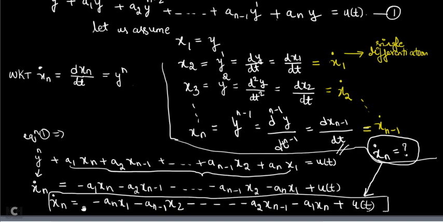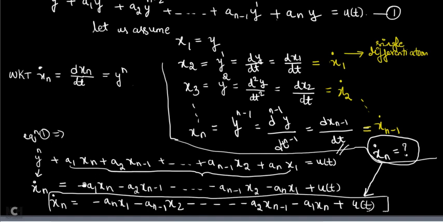Now what is the final expression I got? Xn dot is equal to, instead of writing xn minus 1 in a reverse way, let me write first x1, x2, x3, like that I will arrange. So xn dot is equal to, first I am writing this term, minus an x1, minus an minus 1 x2, second term, etc., up to the last but one term, minus a2 xn minus 1.